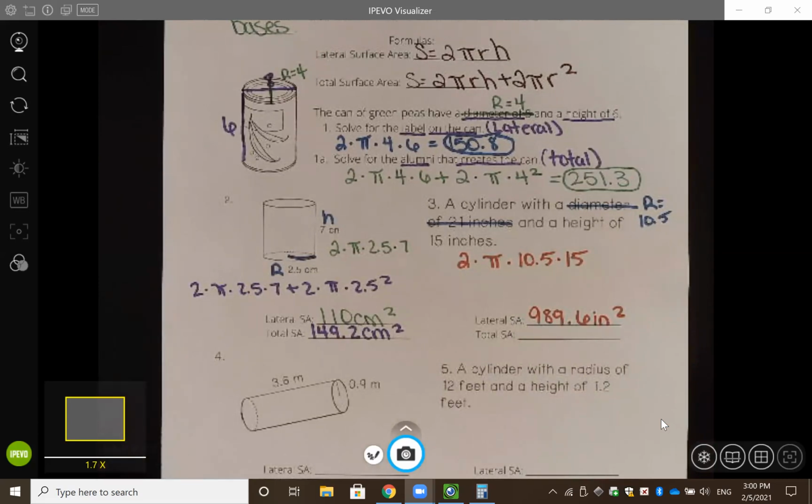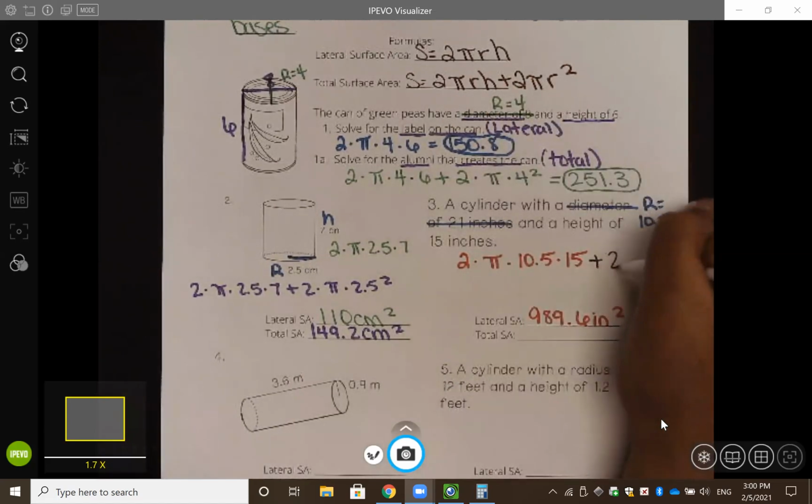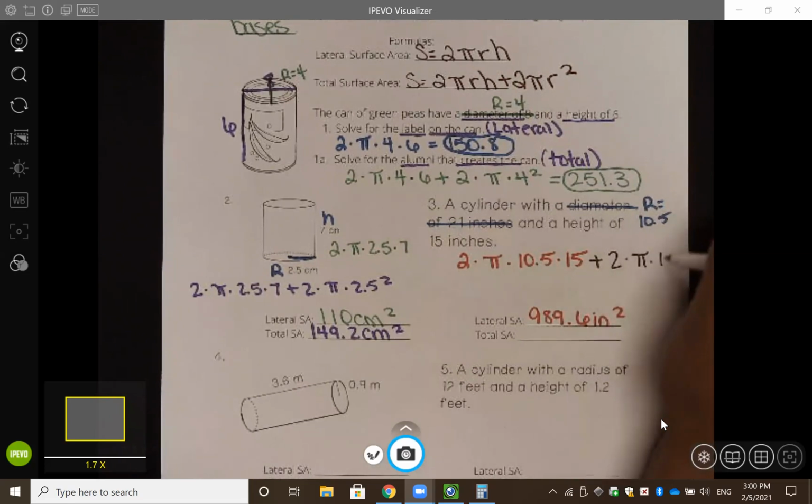And then I'm going to take that and add the rest of it from my total, which is 2 pi r squared. 2 times pi times 10.5 squared.